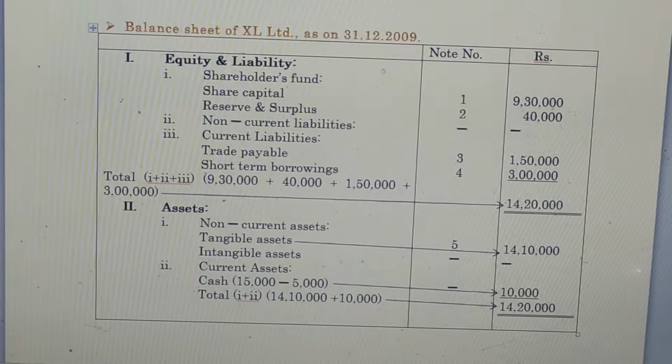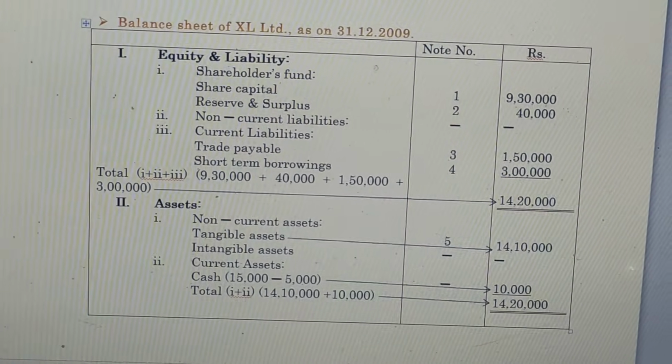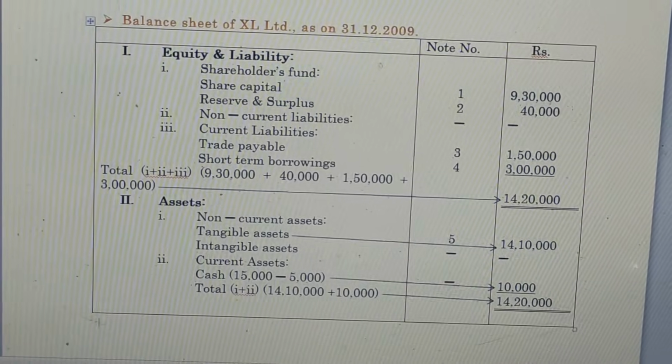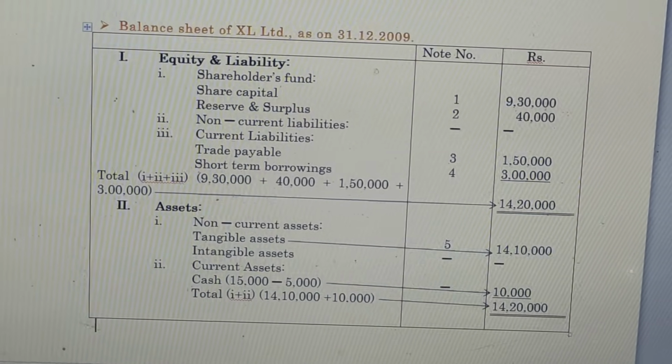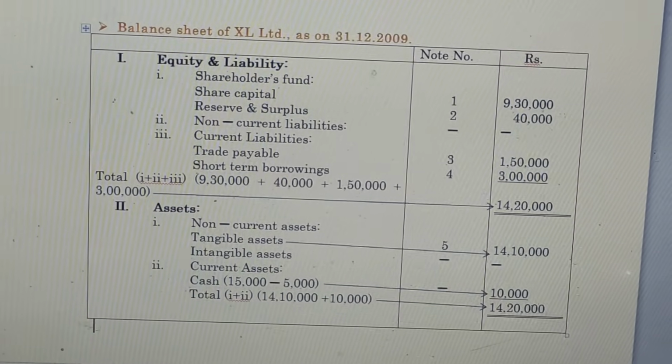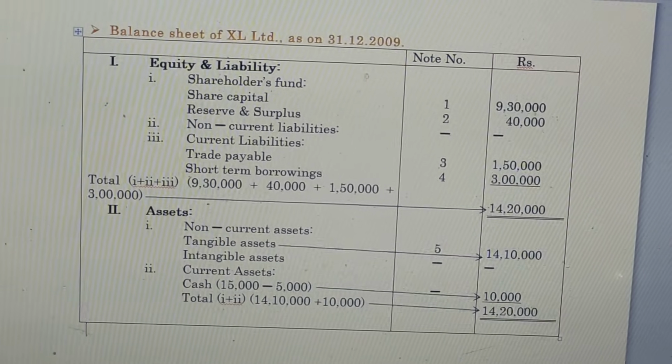And short-term borrowings, that is note number 4's heading, and number 4 will be mentioned in the note number column, and the note number 4 total is 3 lakhs, that is in the rupees column.